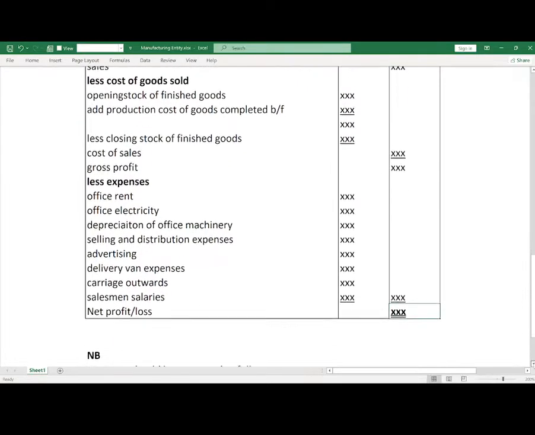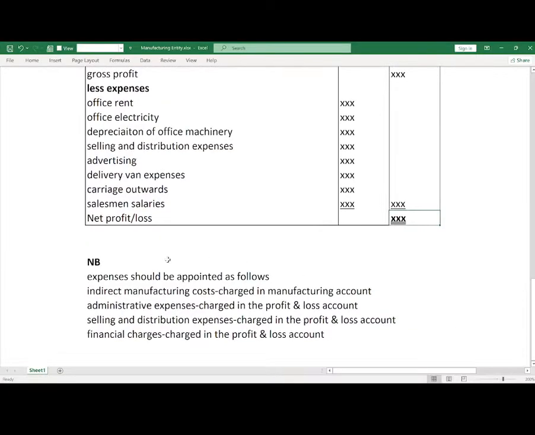There is something I'd like you to note, that expenses should be charged as follows. All the indirect manufacturing costs should be charged in the manufacturing account. Administrative expenses shall be charged in the profit and loss account. Selling and distribution expenses are charged in the profit and loss account. Financial charges are charged in the profit and loss account.